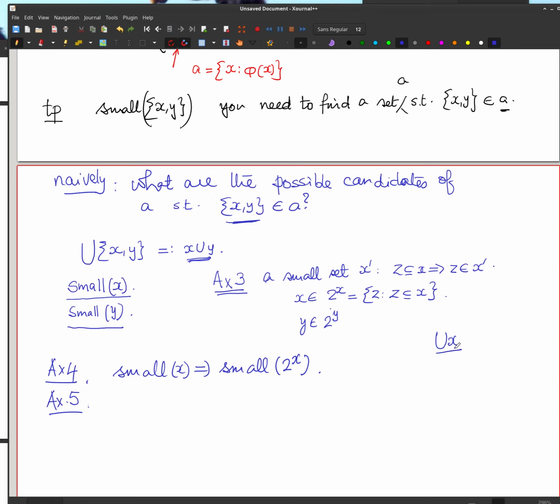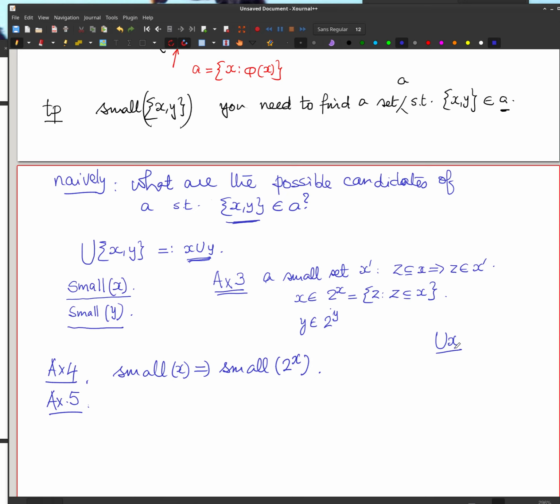What does this say? Axiom of union. Use it in the same way. What does it say? It says that the union of the union is a subset of that B, right?